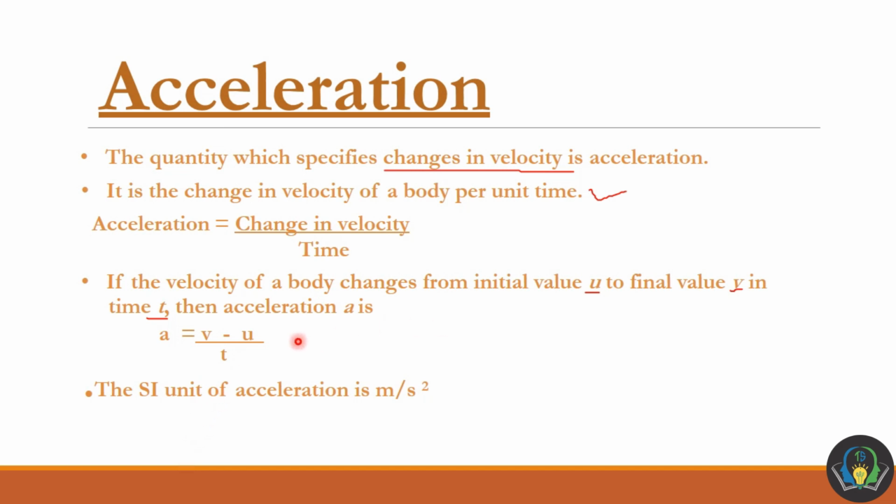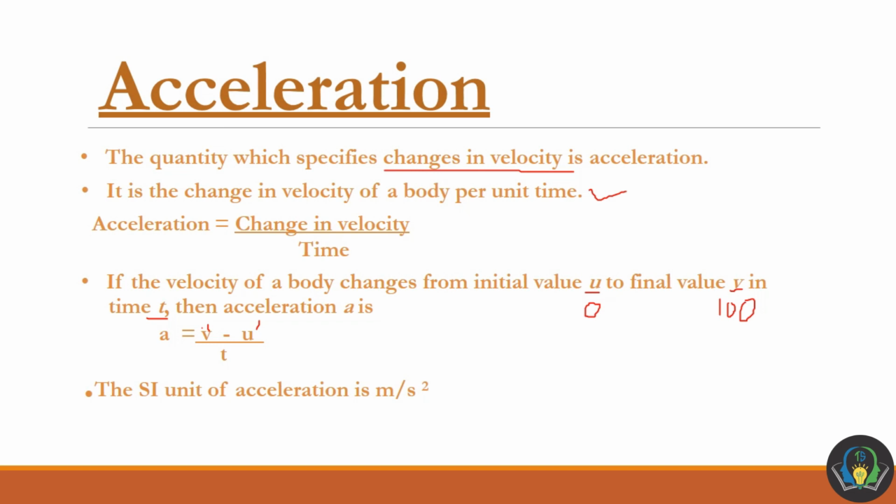The example which we took, from 0 to 100 in 5 seconds, we just have to put it in. Our final value v was 100. We started our journey from rest, so that was 0. So how will we put it? We will be putting 100 over here minus 0 over here upon time, which was 5 seconds.